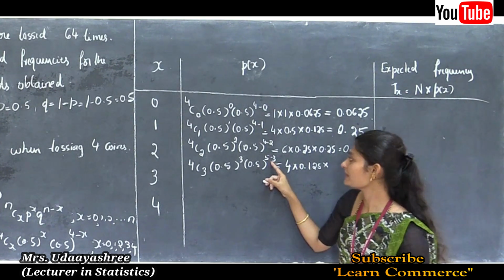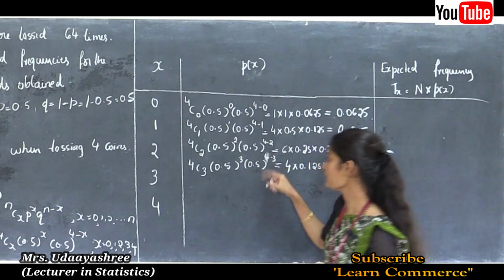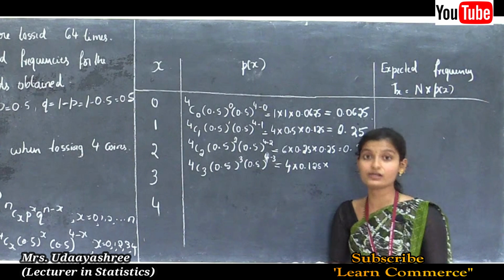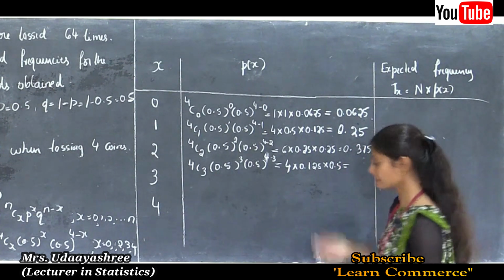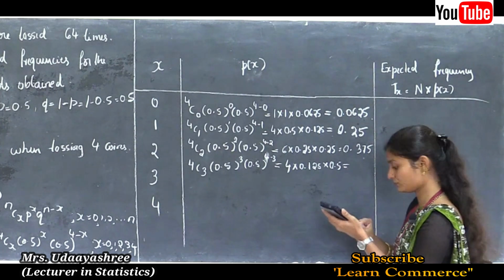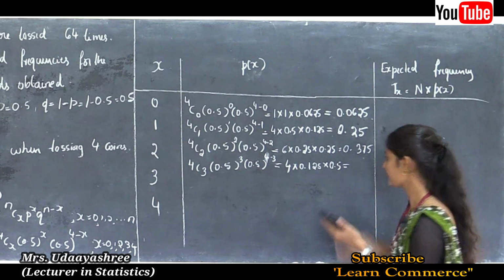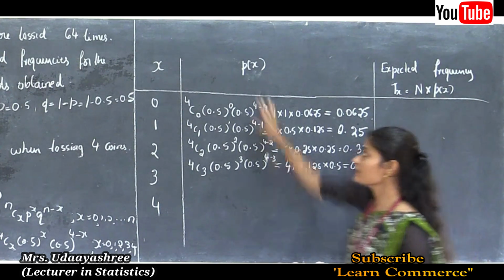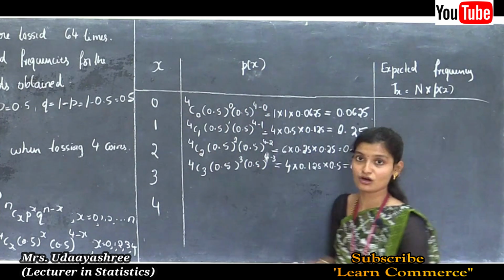So 4 minus 3 is 1, so 0.5 to the power 1 is 0.5. This is equal to 4 into 0.125 into 0.5 is 0.25.